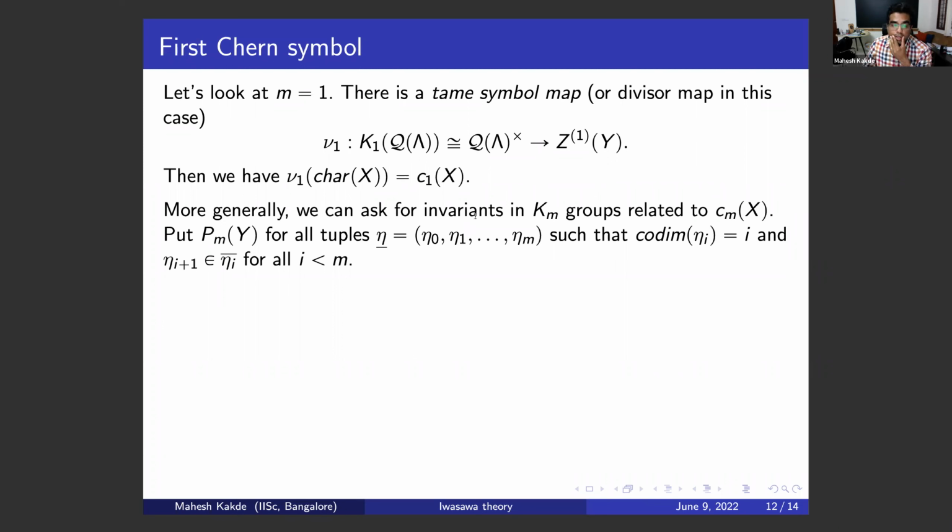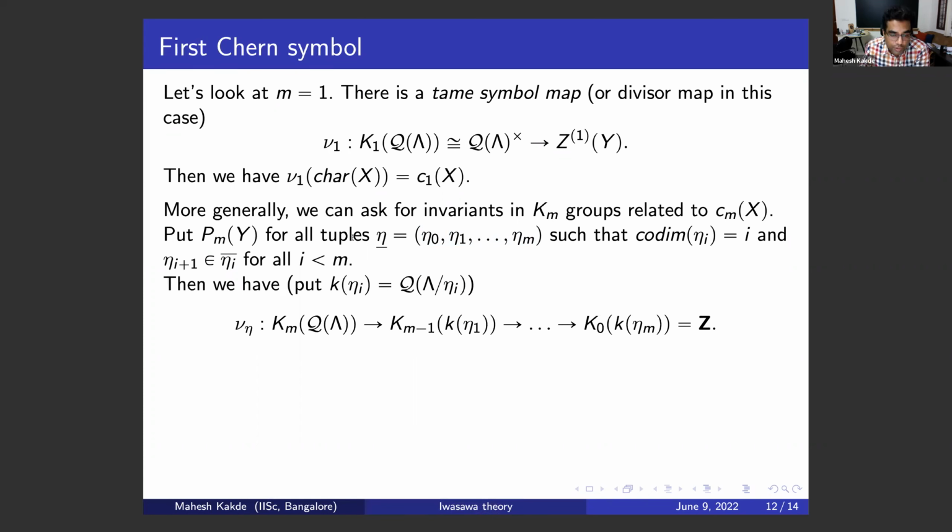slide. Okay, so what you do is you take P sub m of y, these are all m+1 tuples such that the codimension of eta I is I, and the I+1th point lies in the closure of eta I. So if you like, you have a bunch of prime ideals such that eta I contains the prime ideal eta I+1 and so on.